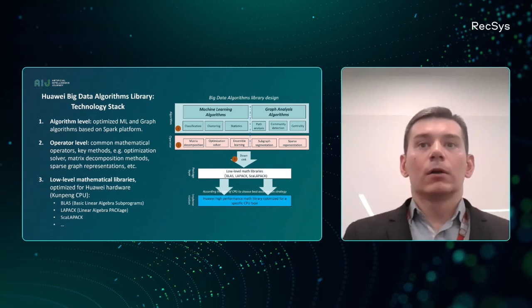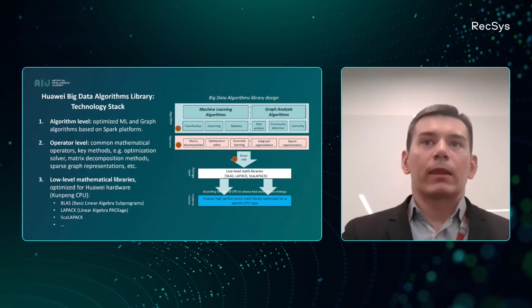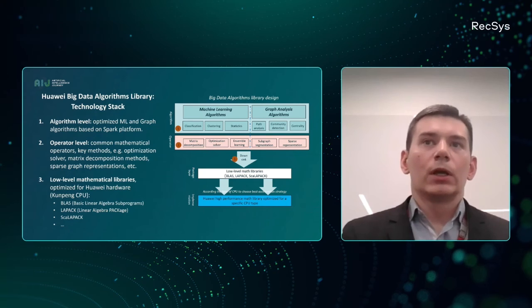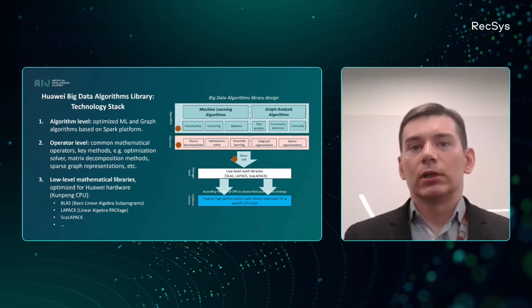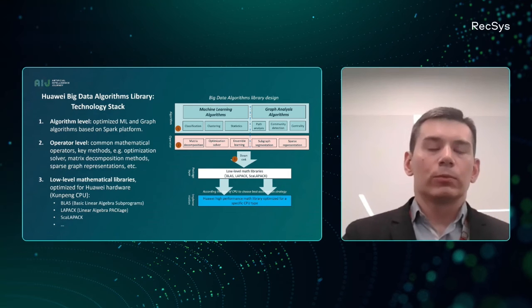To conclude, I would like to say a couple of words about our tech stack. The technological stack consists of 3 levels. The first level, the top level, is the algorithms level, where we develop new methods of machine learning or graph analytics, clusterization, detection of communities, and so on.